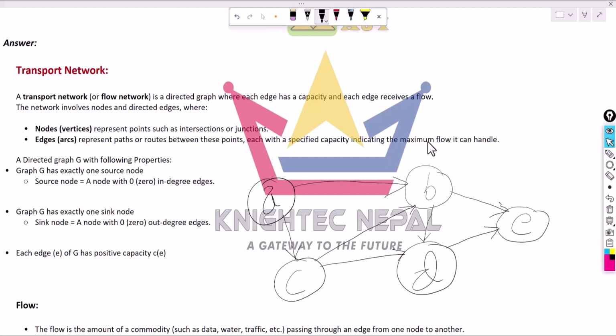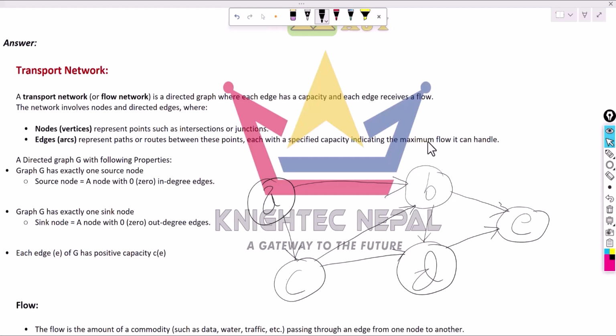So this node has no incoming edges, we just have outgoing edges. So we can call this node a source node.